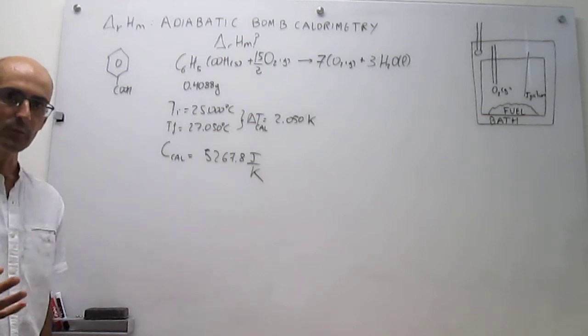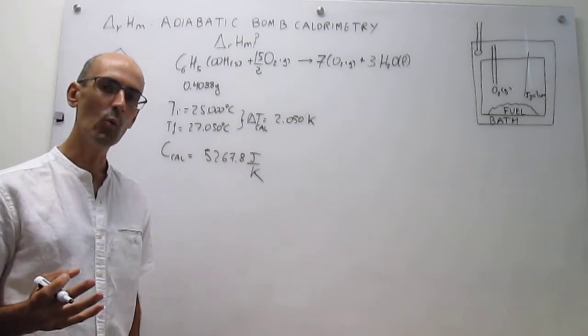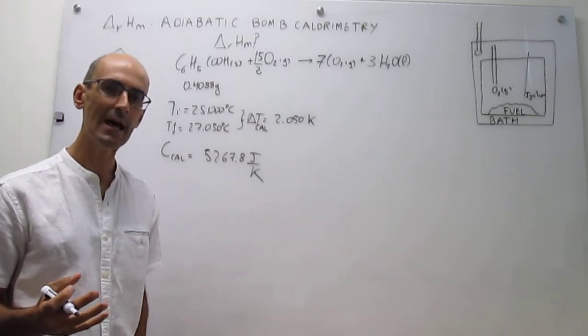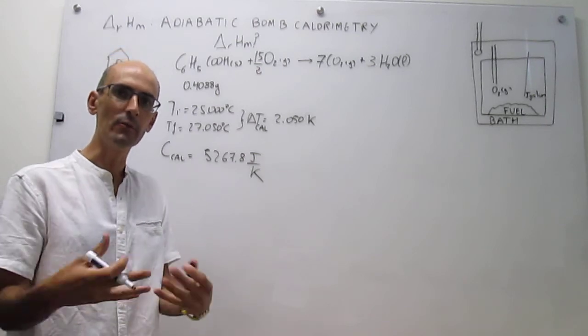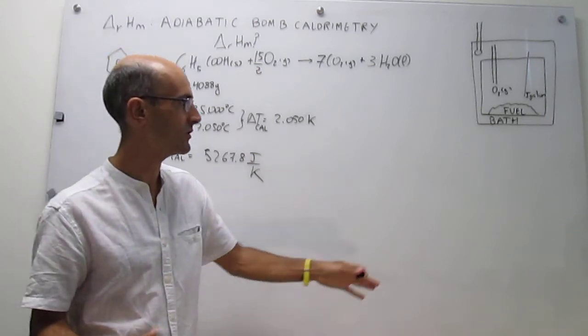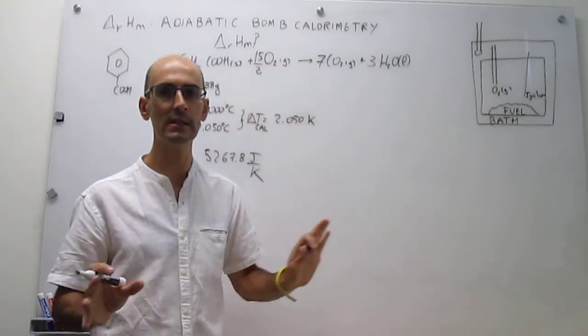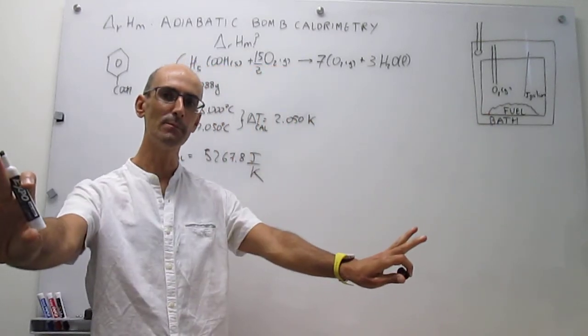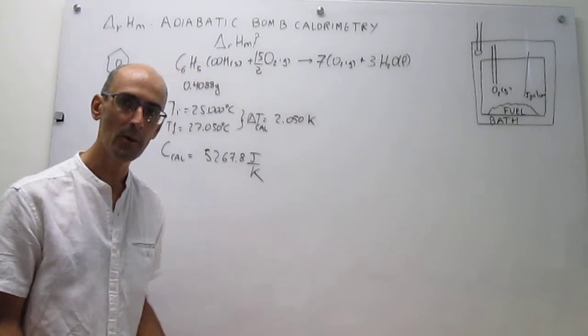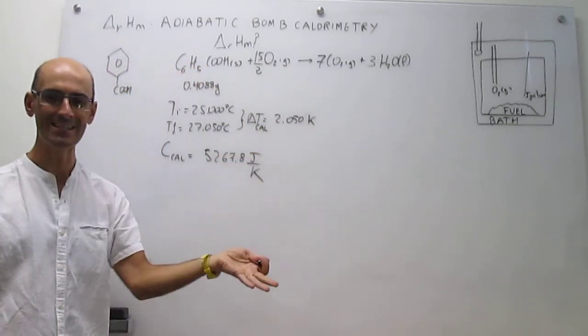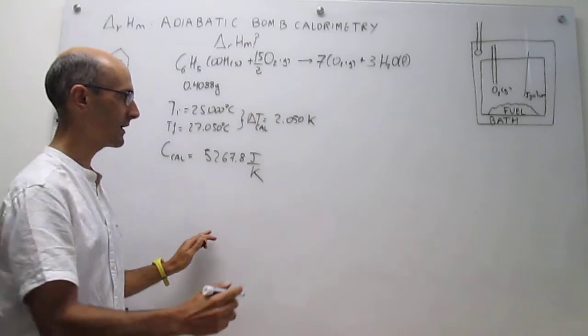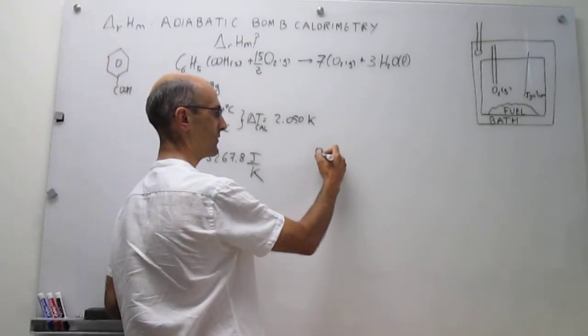So the first thing that we do is to determine the amount of energy as heat absorbed by the calorimeter as a consequence of the reaction taking place. Again, you're burning this, that generates energy as heat, and all that energy gets dumped into the calorimeter. Okay, but notice that the only thing that is taking place here in the calorimeter is a change in temperature. So we can actually calculate the heat in the calorimeter very simply.